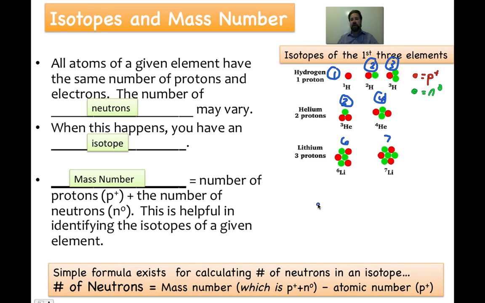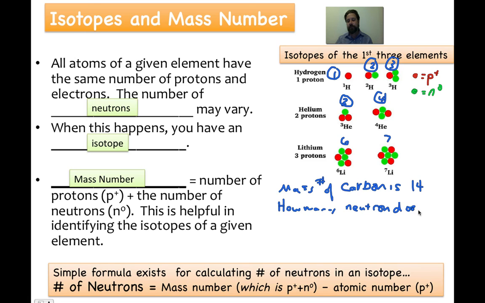One thing that teachers love to ask their students is how to determine the number of neutrons when you are given the mass number of an element. For example, if I told you the mass number of carbon is 14, your teacher might ask, how many neutrons does carbon have?